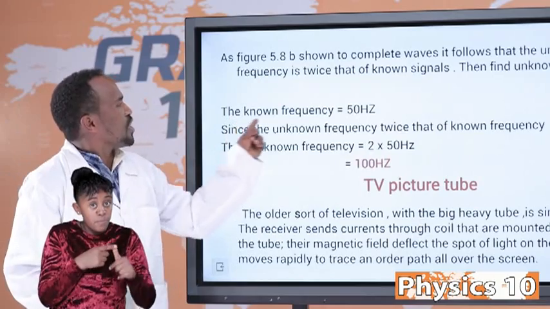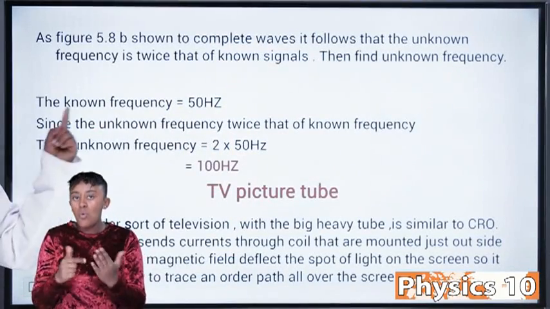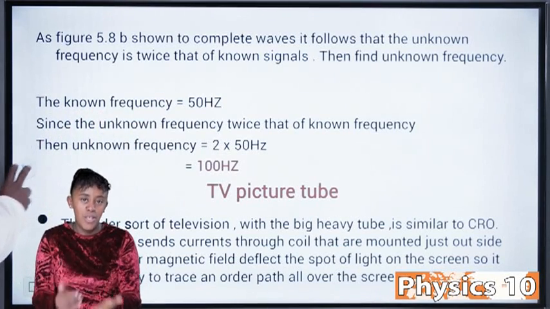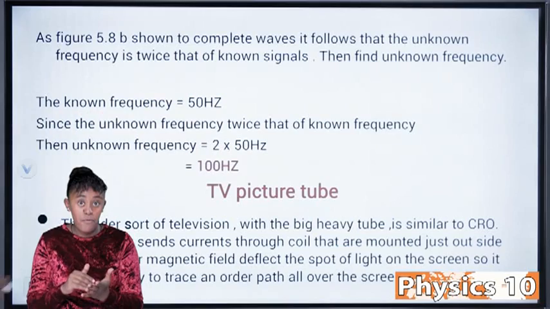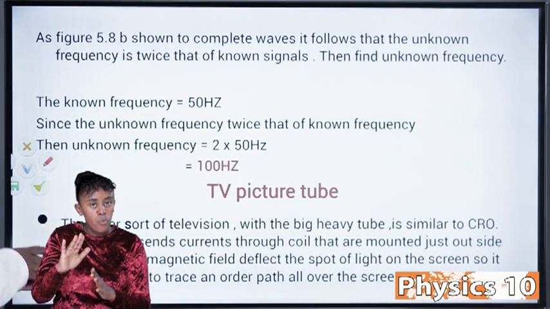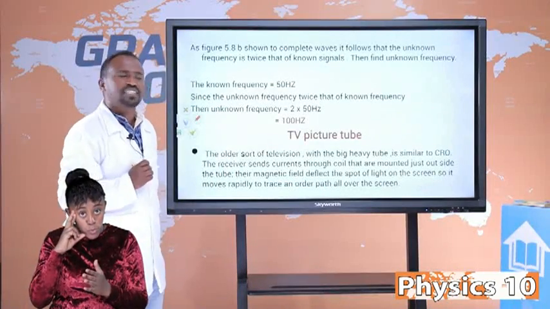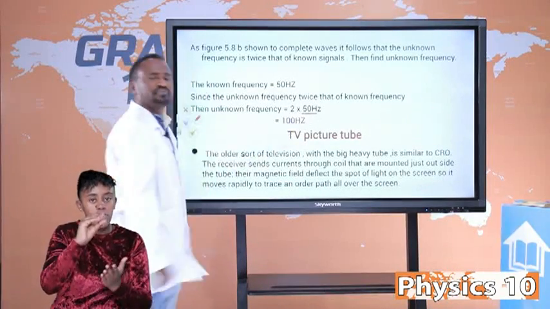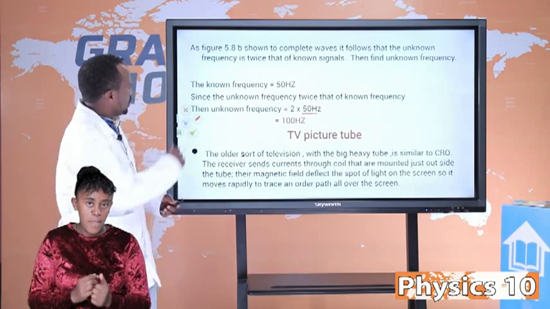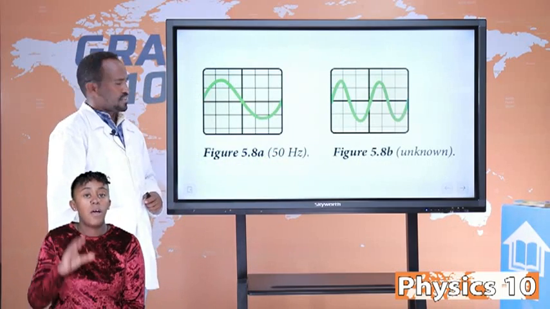The known frequency is 50 hertz, given, so the unknown frequency is 2 times 50 hertz. Because 50 hertz is what? The known frequency. From this diagram, you can see that the known frequency is 50 hertz.